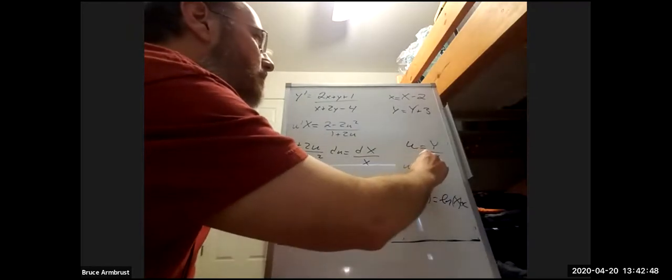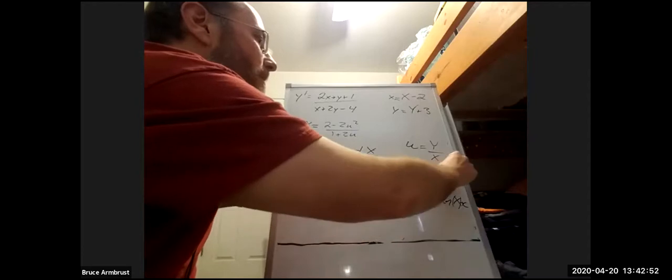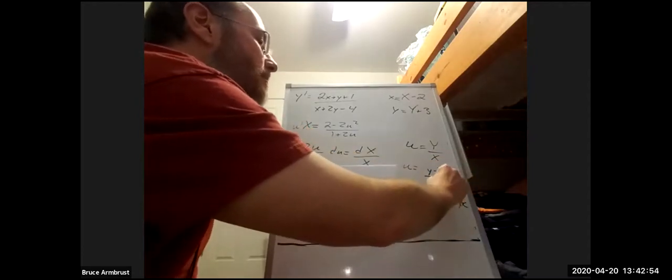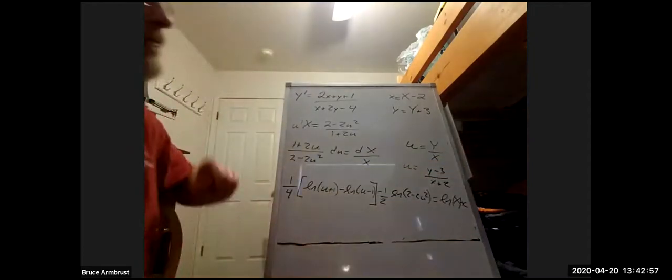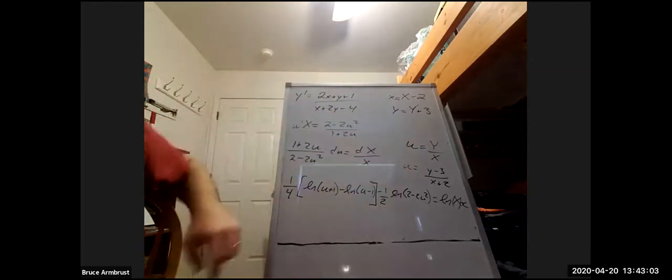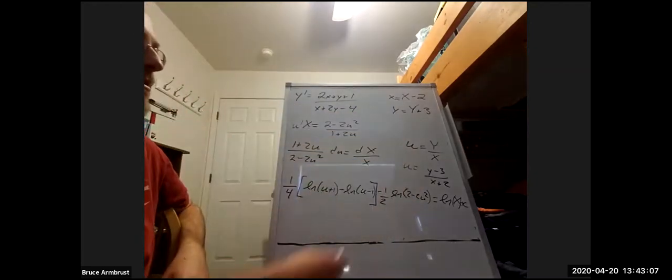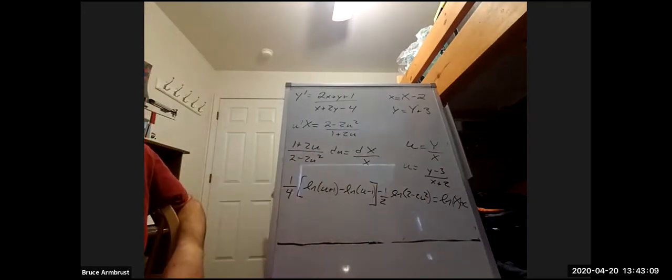So this u in terms of the originals is going to be y minus 3 over x plus 2. And I'm using the substitutions we found for the x and y. Put those back. So take that, put that everywhere there's a u.